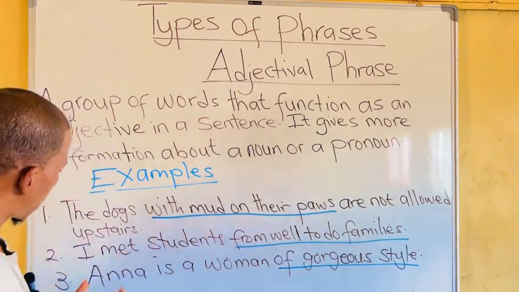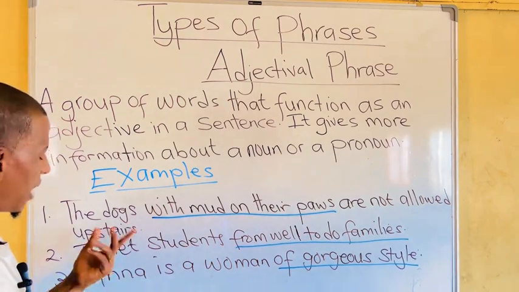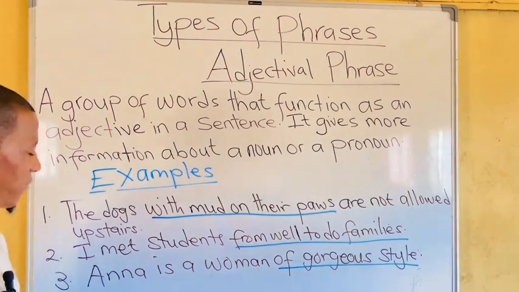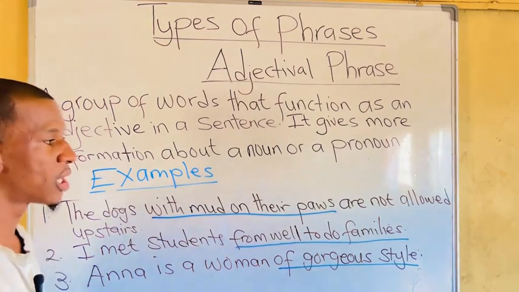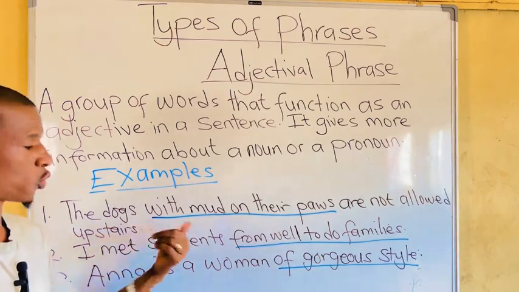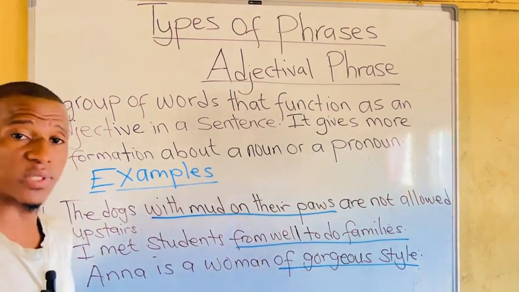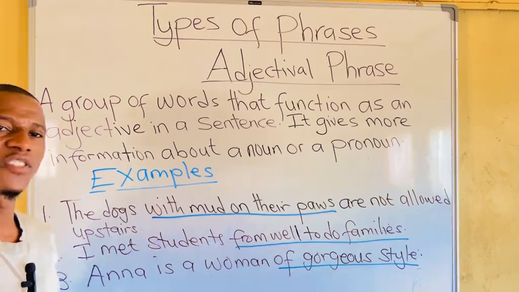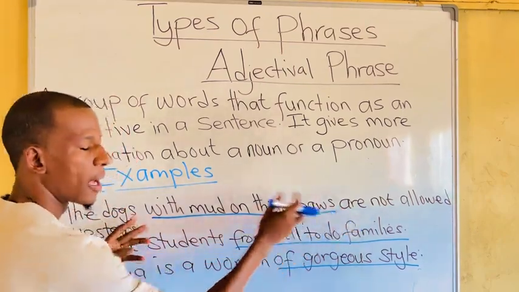Now, if you look at these three examples, example number 1 reads, "The dogs with mud on their paws are not allowed upstairs." Now, let us look at the words underlined. That is our main focus here.